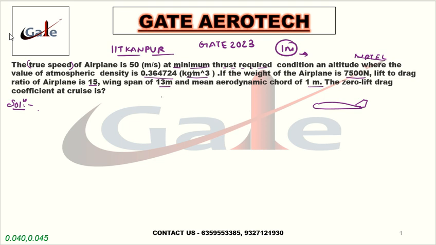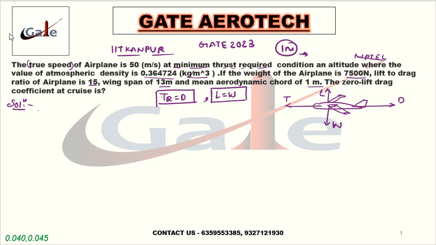That means this is your thrust, this is your drag, this is your lift, and this is your weight. That means your thrust required itself is equal to drag, and your lift is equal to weight.